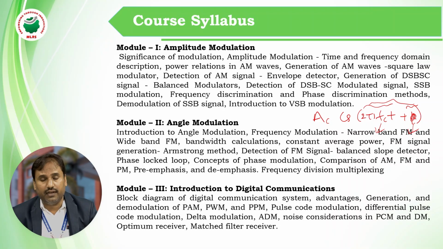We see in detail in module 3. Like AM, FM, PM, in digital communications also we will have PAM, PWM, DM, DPCM, ADM, and PPM. There are other modulation techniques like ASK, FSK, PSK, and QPSK. These are the different digital modulation techniques we are going to study in unit 3 and unit 4.